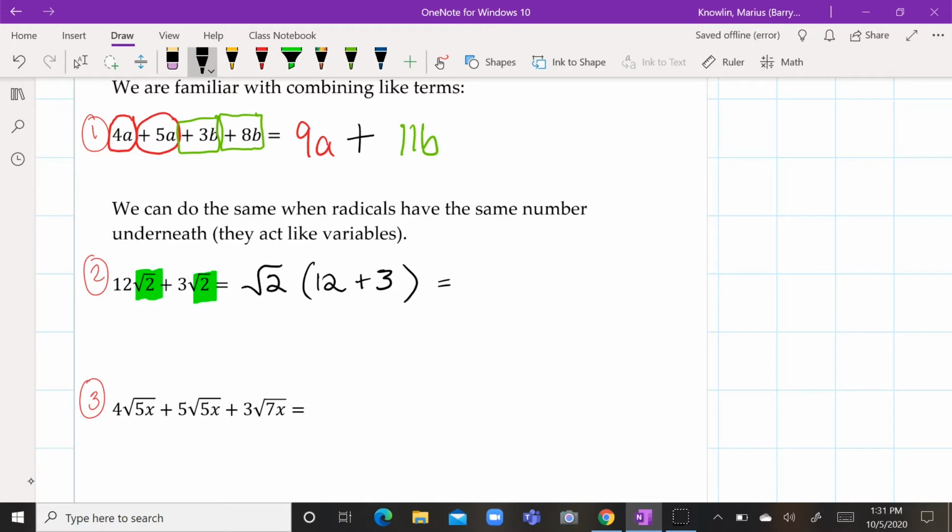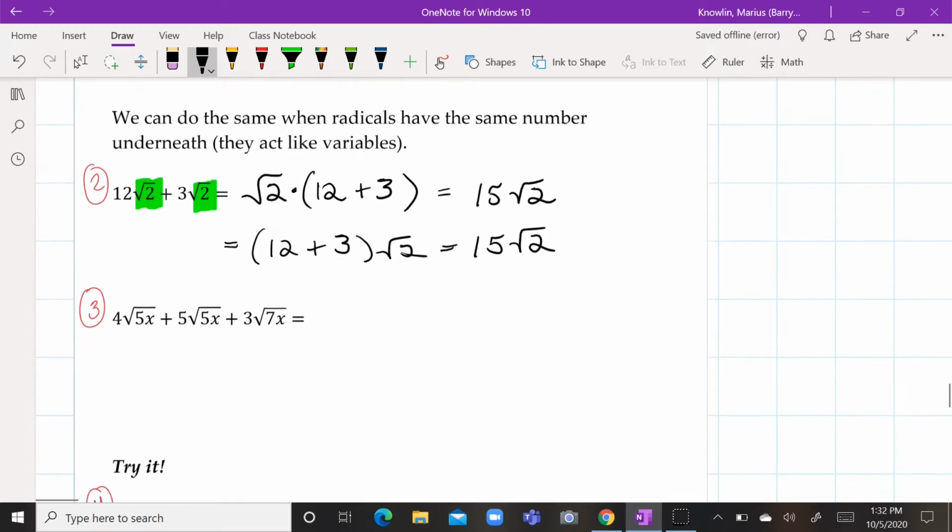When we rewrite it, we're going to put our answer out in front though. So we can really write this as 15 square root 2. Another way of looking at this, we could have written it like this: 12 plus 3 square root 2. Either way, you're still going to end up with the answer 15 square root 2.